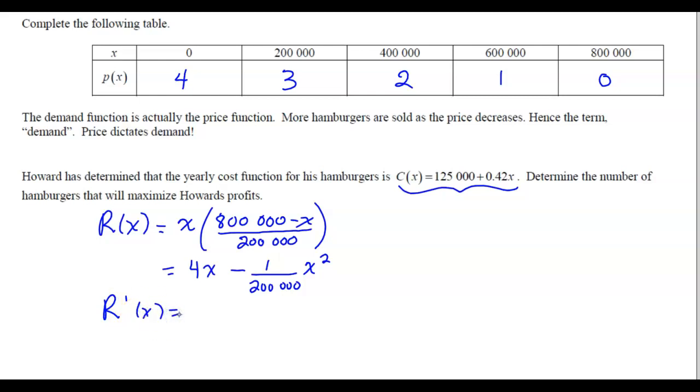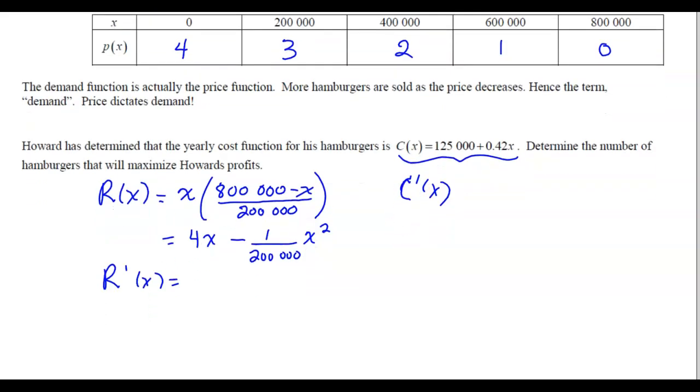And then take the derivative of that. Then take the derivative of the cost function. Okay, so the derivative is 4 minus, so 1 over 200,000 times 2 will be 1 over 100,000 x. Okay, then the derivative of the cost function is just 0.42.